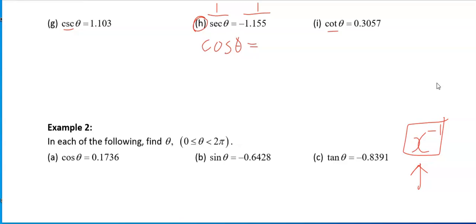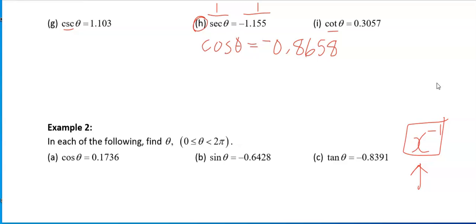Now write down the reciprocal to 4 decimal places. So it's going to be negative 0.8658. You see that? And now it's just like the ones that we've been doing. Instead of solving secant theta equals negative 1.155, you're going to solve cosine theta equals negative 0.8658.